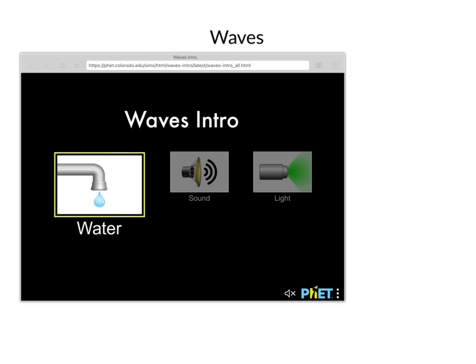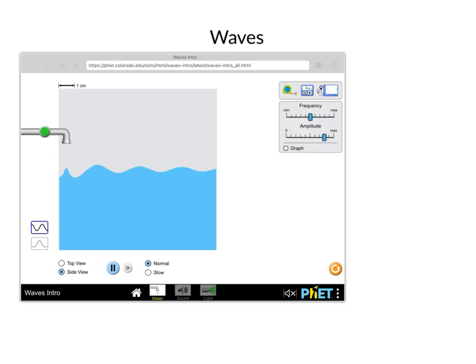Let's start first by thinking about waves in water, which you're a little bit more familiar with. So if we turn on a faucet and let water drip into a body of smooth water, each drip will create a wave.